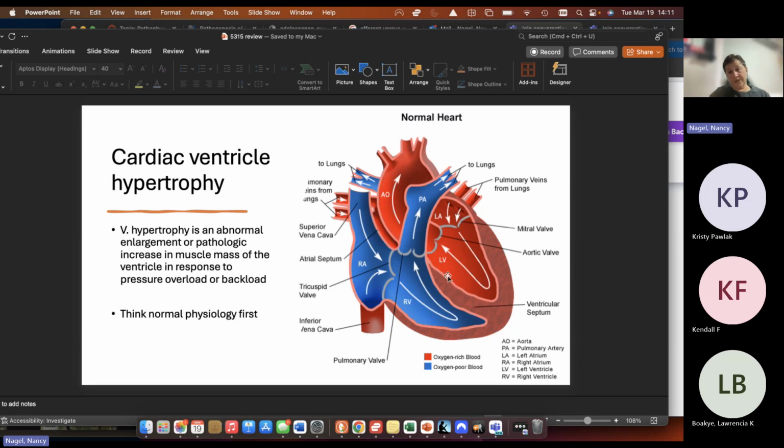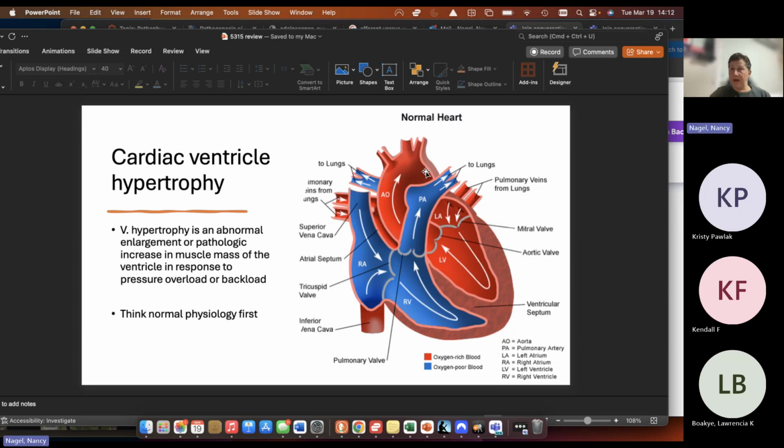The reason this has a much larger, thicker tissue base is because not only does it have to go through the aorta, it's going all the way out to all of your body systems. So you do need a stronger oomph of a push to get it to exit the body.